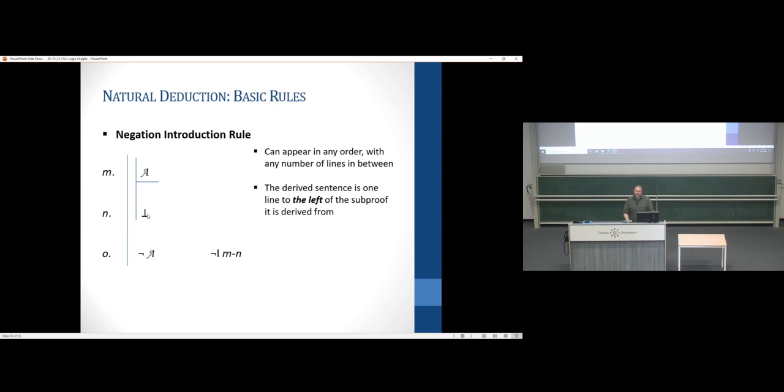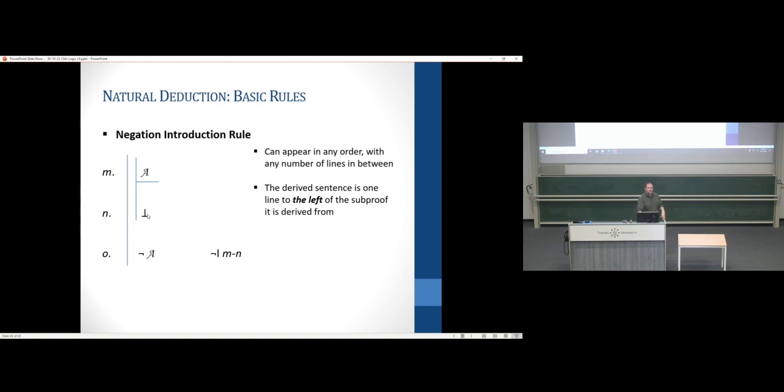Something we'll talk more about as we go along. Yes, sorry. But how do we do that if you need a negation introduction to have it? Good. So what this means is that a lot of times we will have to already have a negation somewhere along the lines. It will be one of the sentences we started with as an assumption.